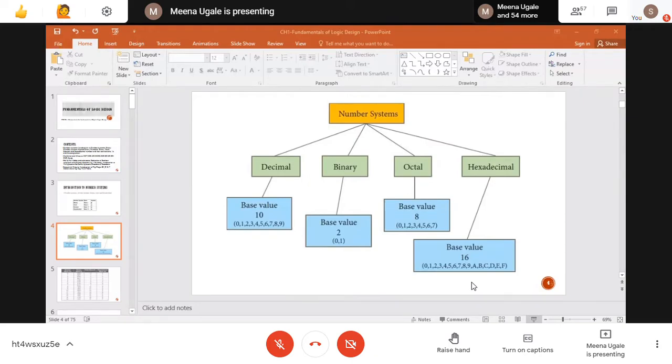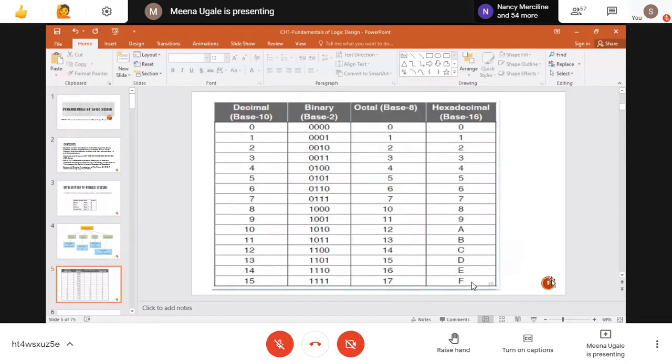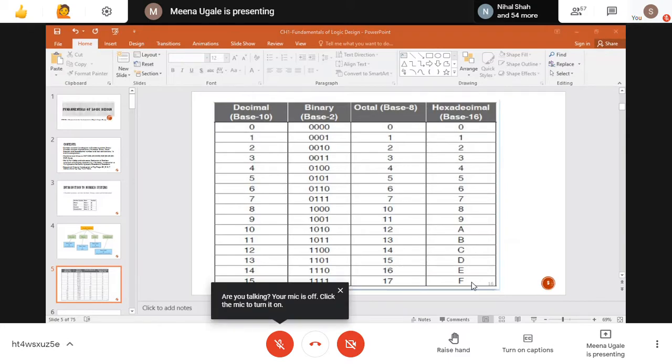Ma'am, the screen is again paused. What is the problem happening here? Yes, ma'am, now the table slide is showing. I don't know, maybe some kind of lag is happening.